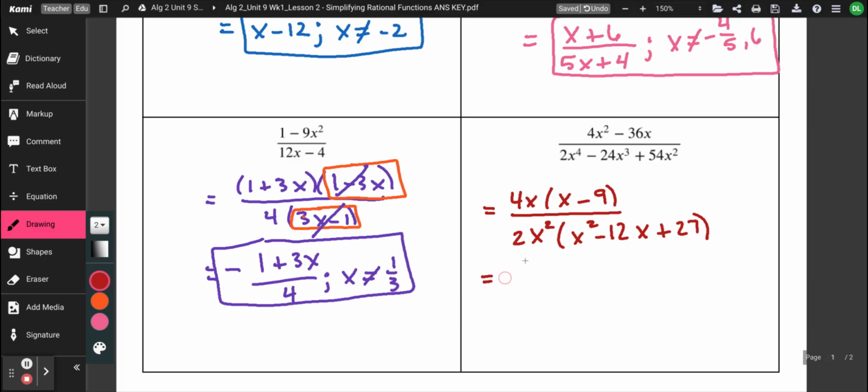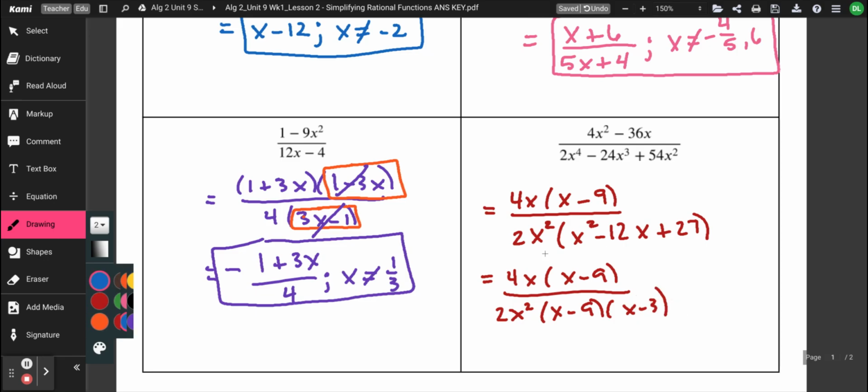And we're going to have to factor again. So the numerator is going to stay, and the denominator, we're going to be able to factor this term here. So we need to add our terms together to get negative 12. So we're going to have x minus 9 and x minus 3.